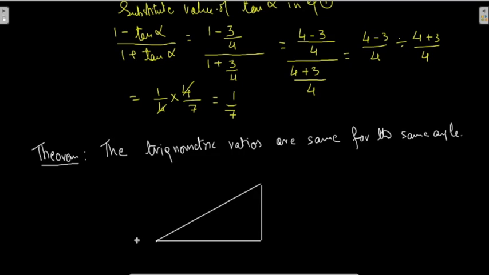Okay. So let's say it is O, P, Q. Now, what is given to us is that this angle is theta.